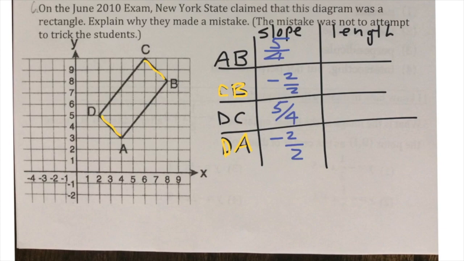And on this grid right here, I could easily count the slope of these two sides here in black as being up 5 over 4. And these look parallel, and they are parallel because from A to B, the slope is also up 1, 2, 3, 4, 5 over 4.